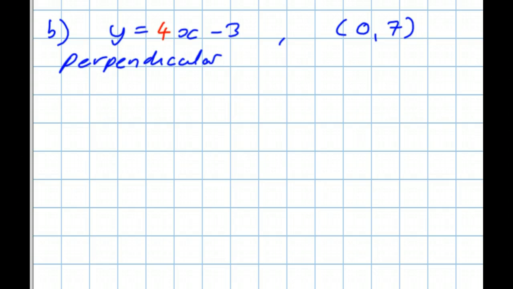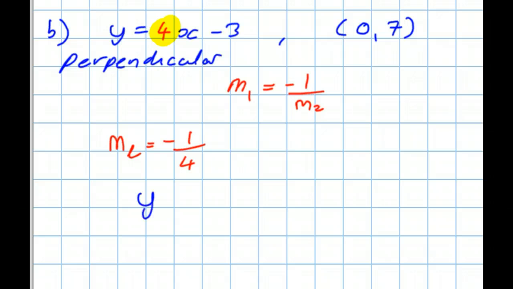Now if two lines are perpendicular, then the relationship is this. The gradient of the first one is equal to minus 1 over the gradient of the second one. Now what's the gradient of our first one? It's 4. So the gradient of the line I want is 1 over 4 with a minus sign put in front.